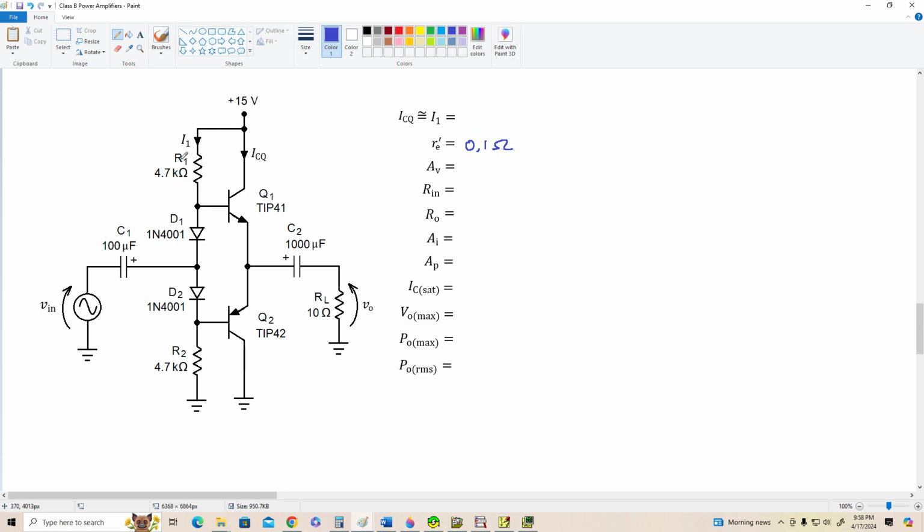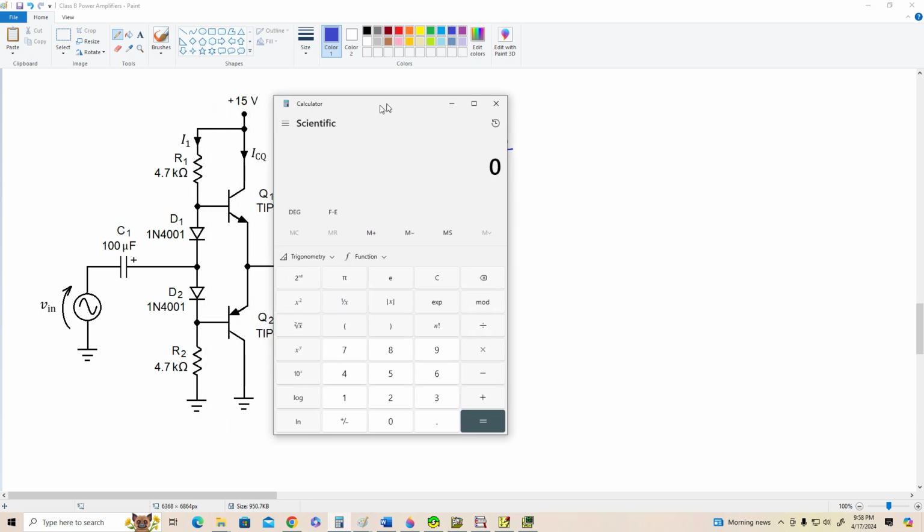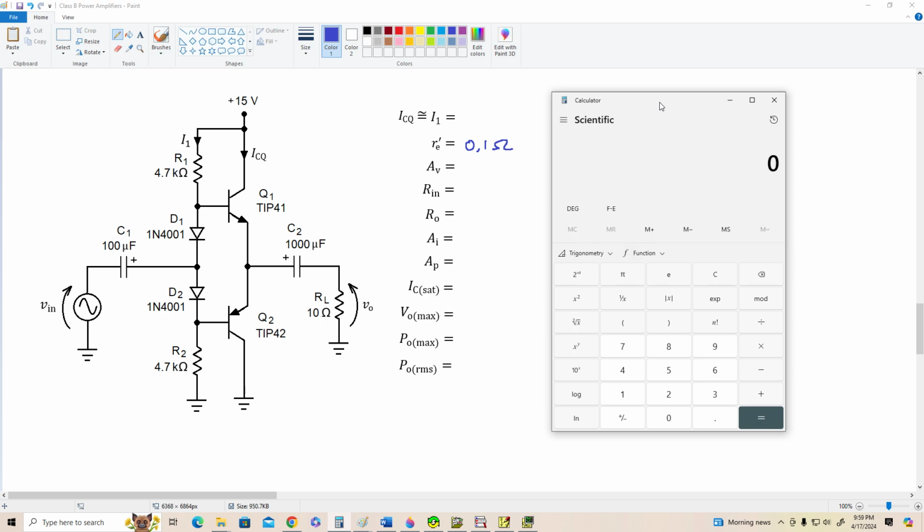All right, so let's find IC1, ICQ, and I1. Okay, we've got 15 volts, and let's pull up our calculator here. We could do it this way. We'll do 7.5 minus 0.7 divided by 4700, which is about 1.4 milliamps.